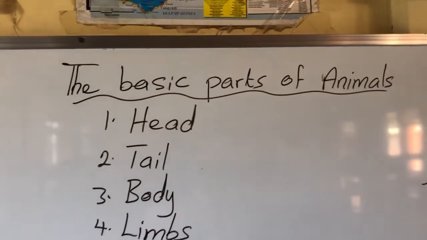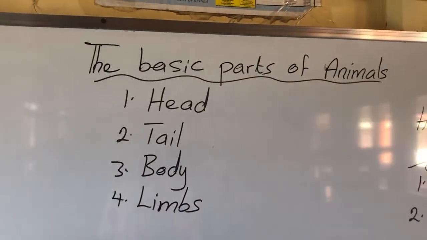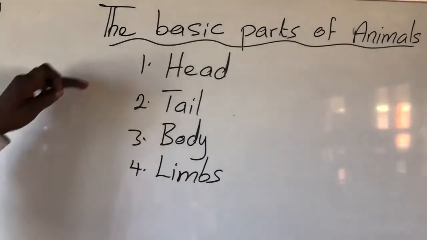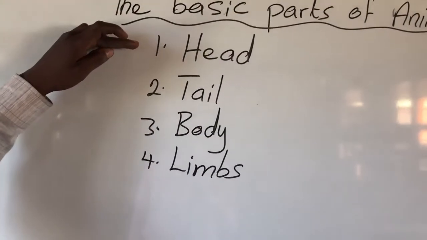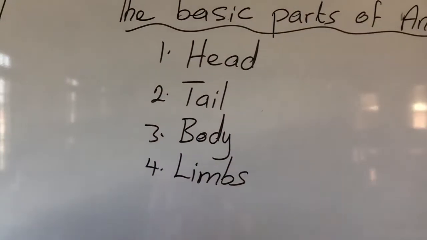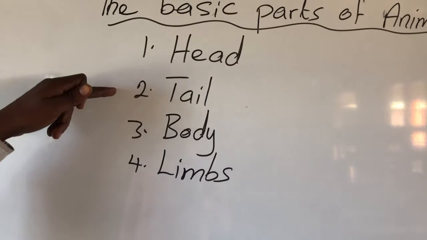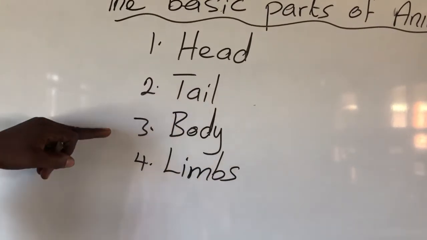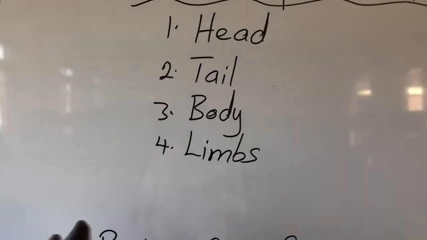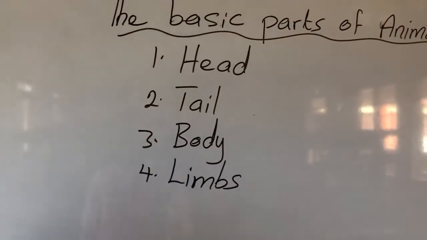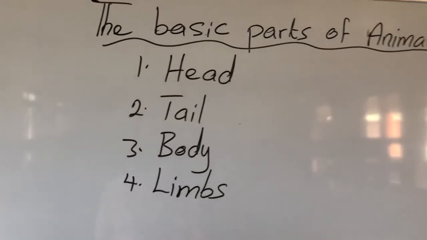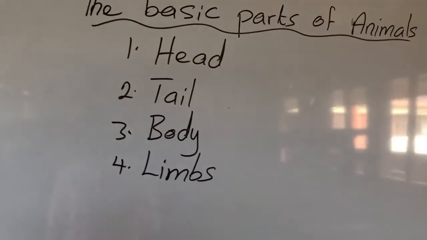Now, when you take a critical look at animals, you realize that they have the head, the tail, the body, and then the limbs. The head consists of the eyes, the brain, the ears, the nose, the mouth, everything.